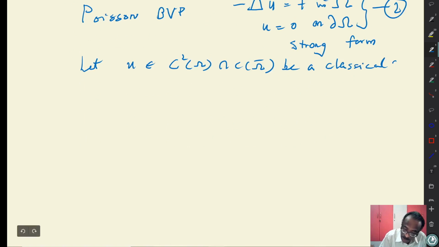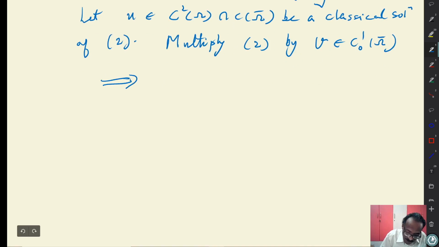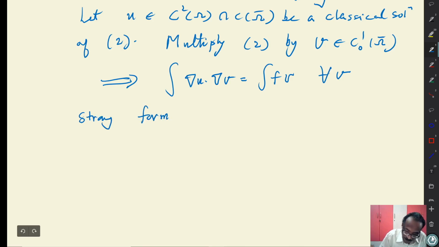Then multiply 2 by v in C^1_0 of omega bar. Integrate by parts, use the divergence theorem, that will immediately imply the integral of grad u grad v equal to the integral of f v for all v. You see, so strong form implies weak form.